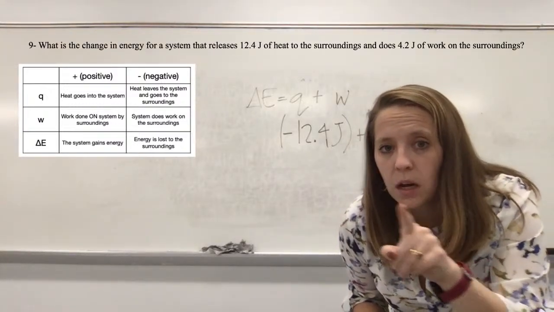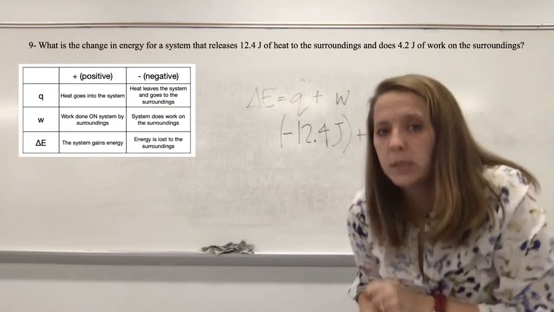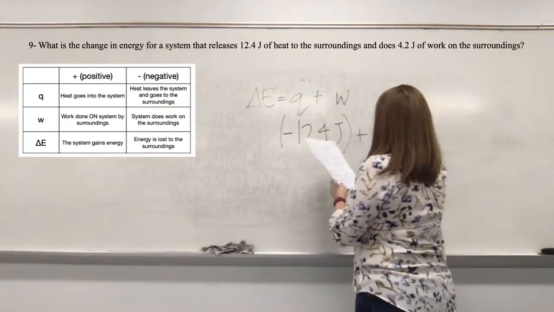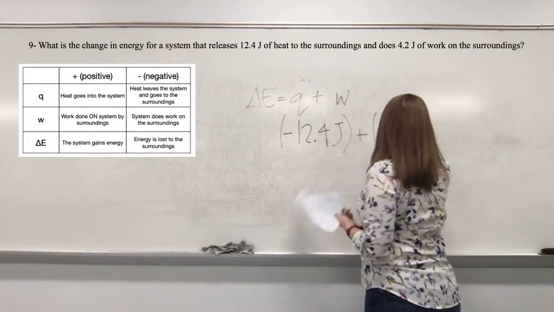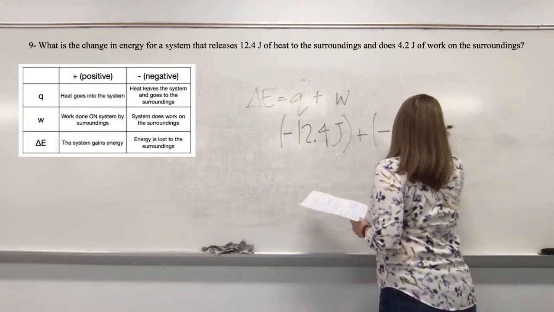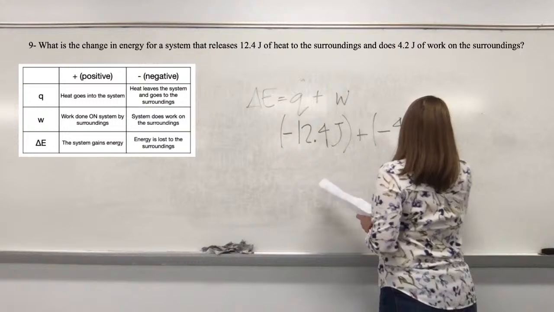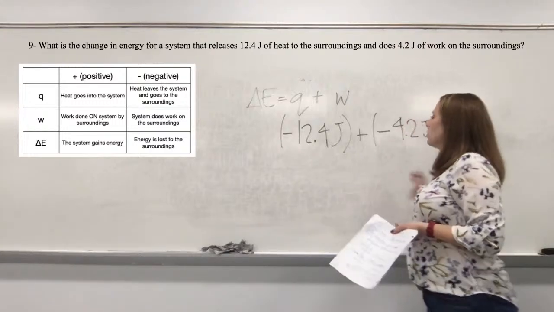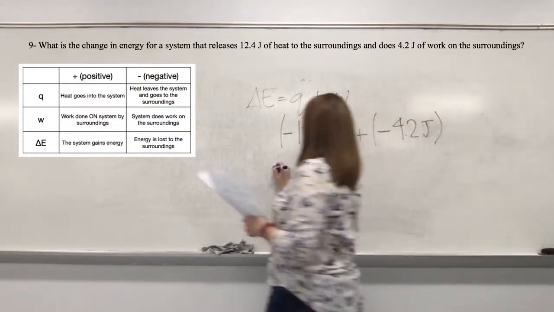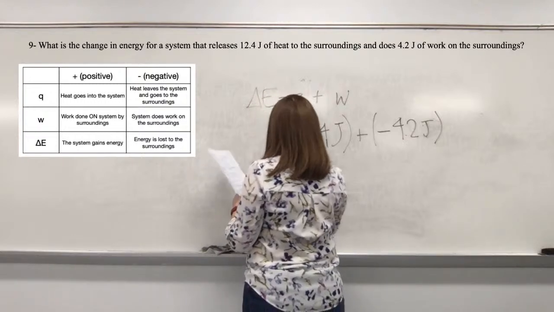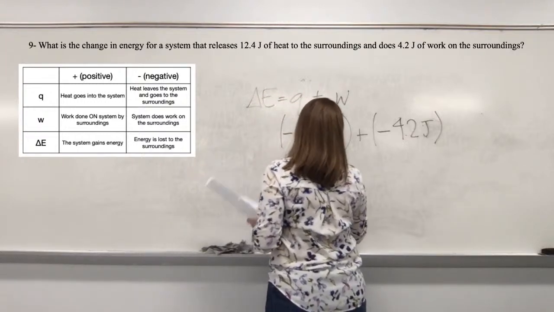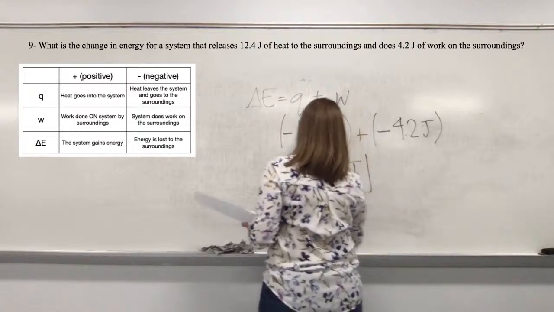So when the system does work on the surroundings, work is going to be negative, plus negative 4.2, just joules. When we plug this into our calculator, making sure to keep all of the signs together, we should get negative 16.6 joules.